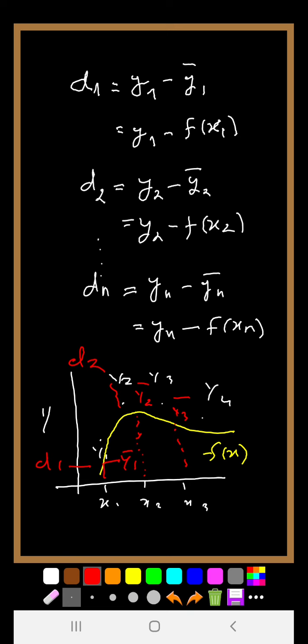So these are the errors associated with the different y values. The main aim is to choose a function such that the d values are very close to 0, or very small.